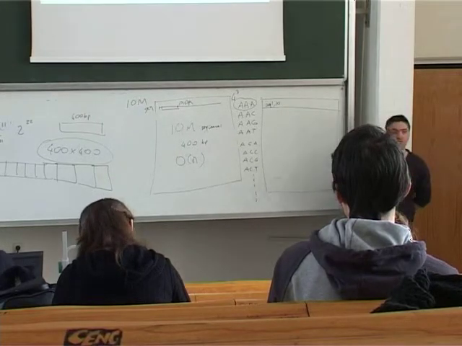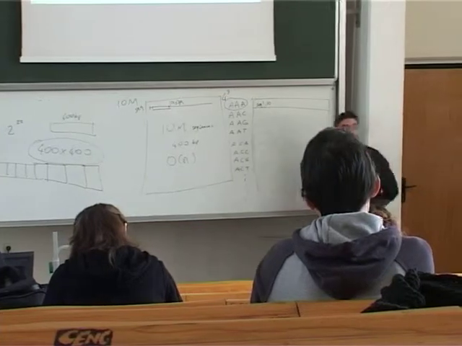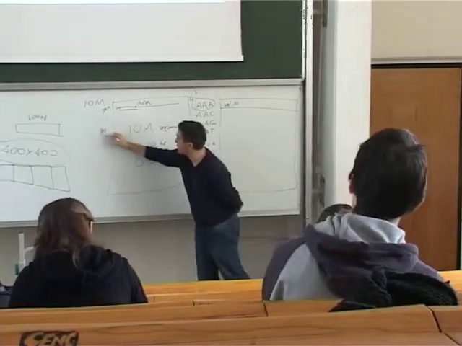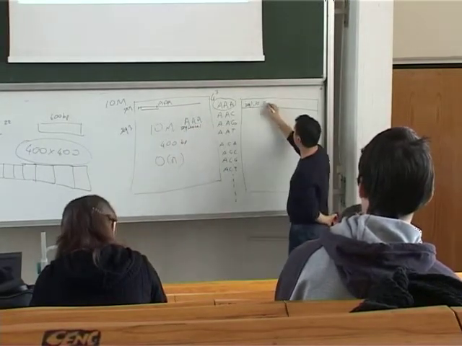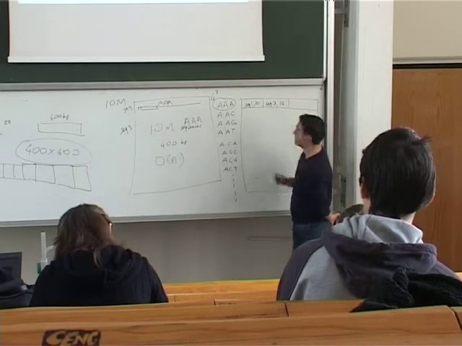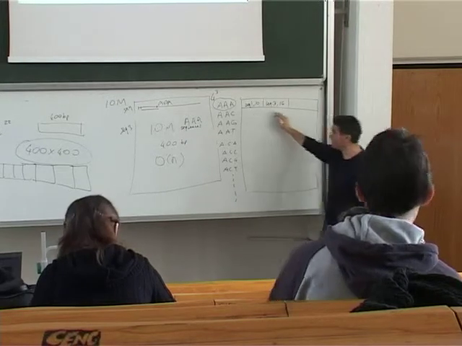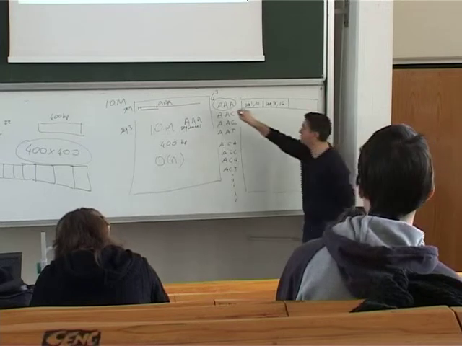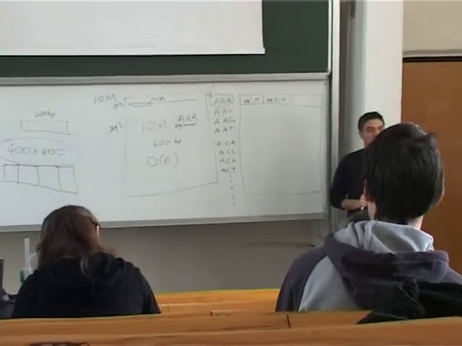If another sequence, sequence 3, also contains AAA somewhere else, say at the 15th position, we store that too. So we have a list of all the sequences which contain an occurrence of this exact word.